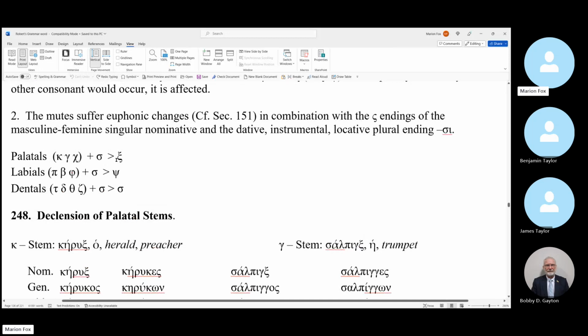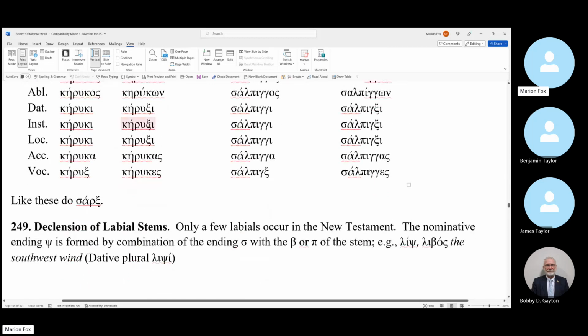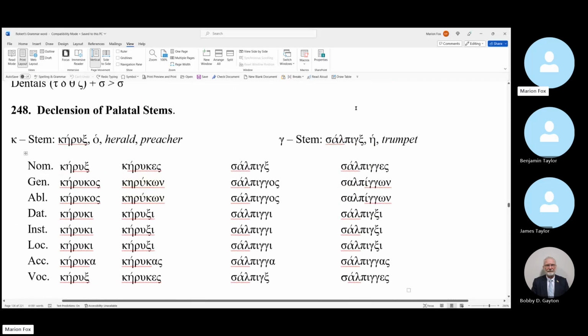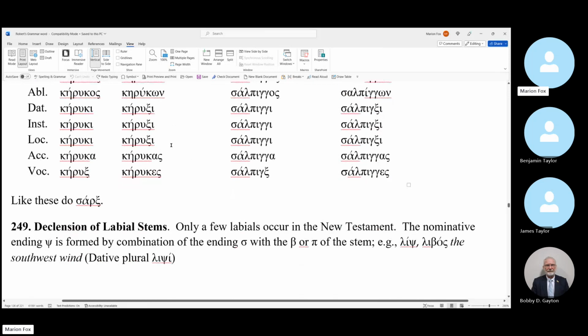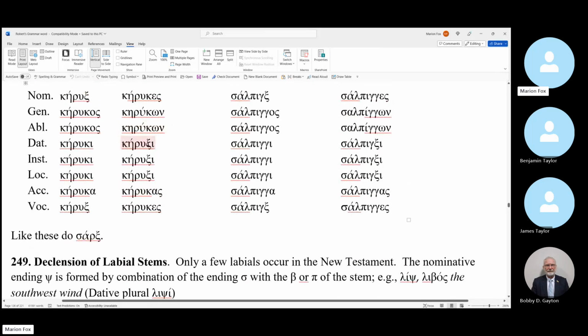This rule then comes into play here. It becomes a C, and then it retains the iota. So you would put the sigma iota after your kappa, and that makes the kappa plus sigma become this, and the iota stays with it. That's how we got this C and the iota. That make sense? Any question there?